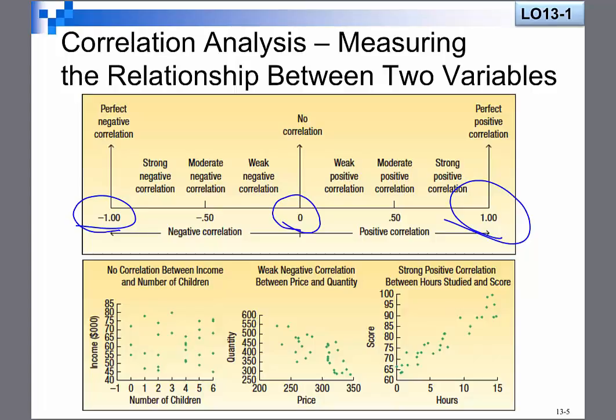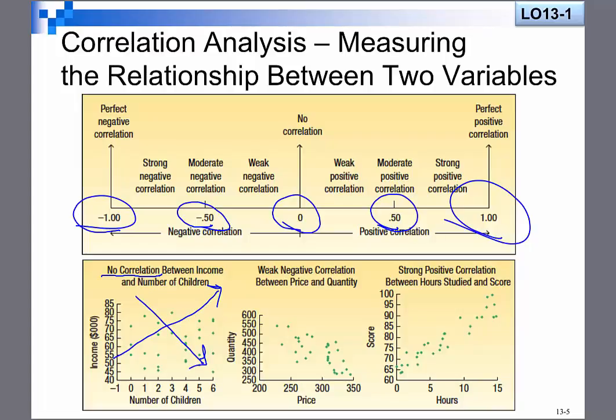Like I said before, moderation around -0.5, not very strong, but not weak either, and then moderation on the positive side also of 0.5. Some examples at the bottom: income and number of children. The relationship, not very strong, right? We see no correlation. If we had a correlation, we would see more of a trend, either up or down.